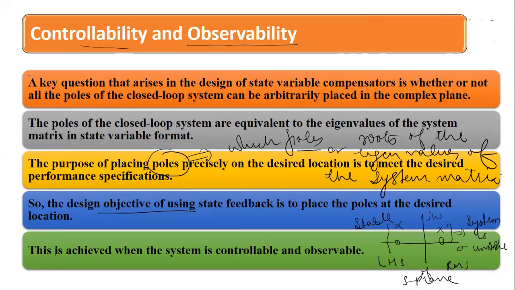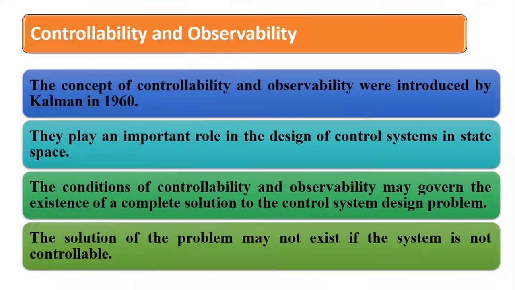Now to achieve this design objective, we need to know whether our system is controllable and observable or not. Let us come to controllability and observability. The concepts of controllability and observability were introduced by Kalman in 1960.